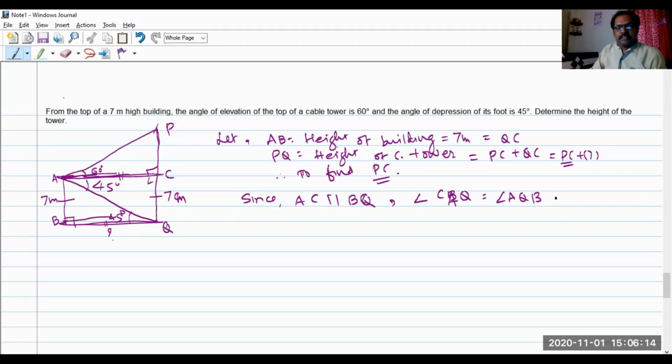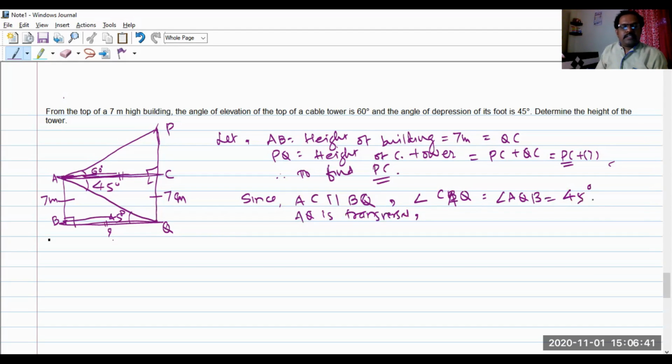They are the alternate angles. If you consider AC parallel to BQ and AQ as a transversal, with the help of this transversal we will have a pair of equal alternate angles, right? So both are equal to 45 degrees, that is given.